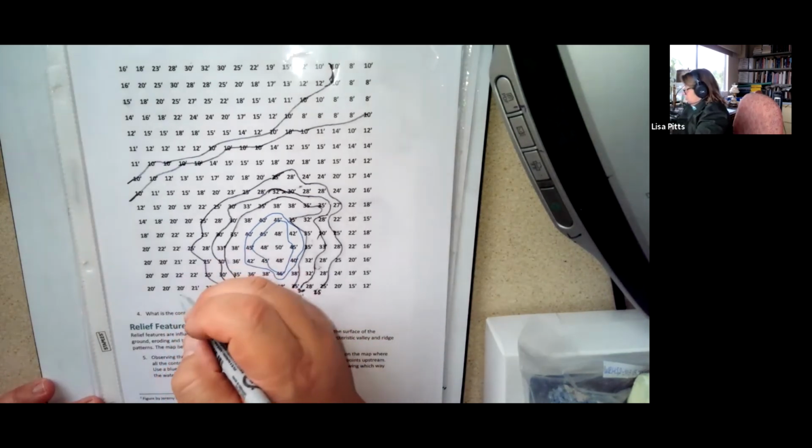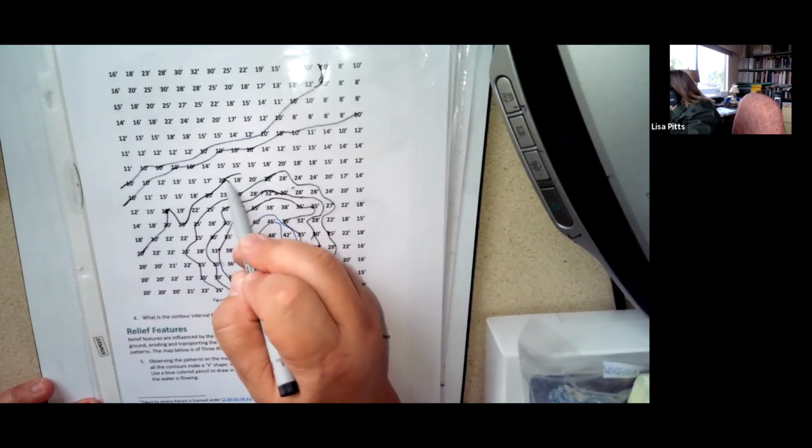The next, let's see, is 20 foot, right? Oh gosh, there's this big old 20-foot thing right here. Now we'll just do the inside ones. Oh, dang.